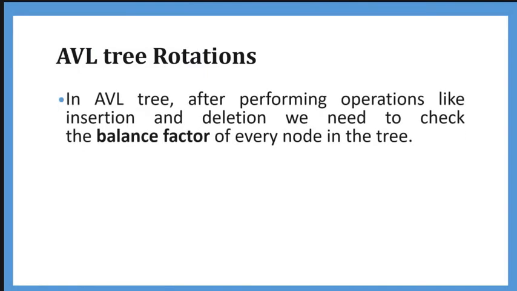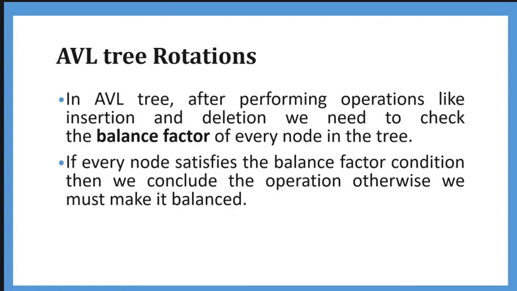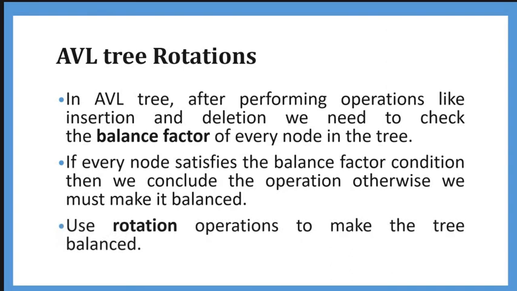In an AVL tree, after performing operations like insertion and deletion, we need to check the balance factor of every node in the tree. If every node satisfies the balance factor condition, then we conclude the operation. Otherwise, we must use rotation operations to make the tree balanced.